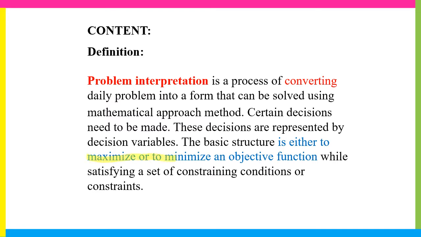So this is our target. Maybe maximizing a profit or minimizing the cost or the spend, while satisfying a set of constraining conditions or constraints. So we have this objective function, but we have to satisfy all the conditions. So that's why we use linear programming.